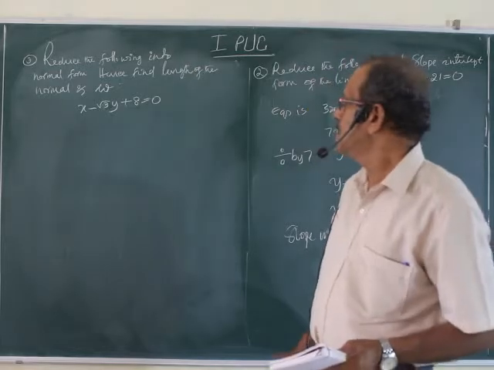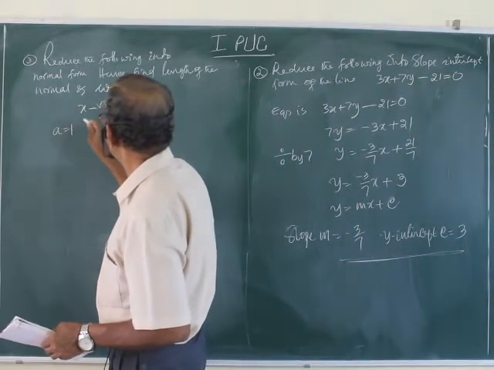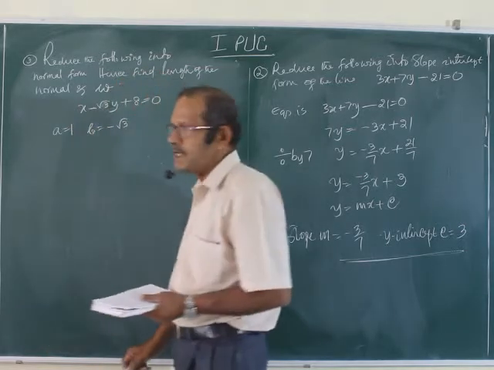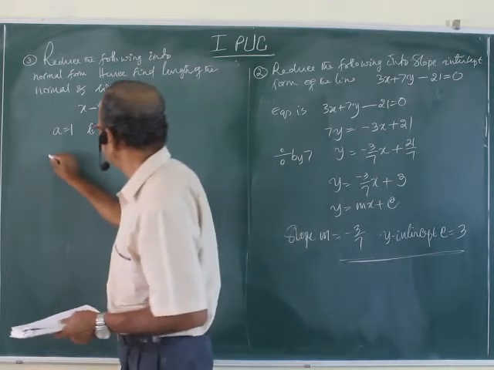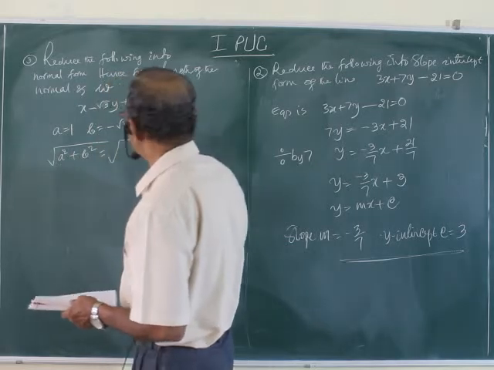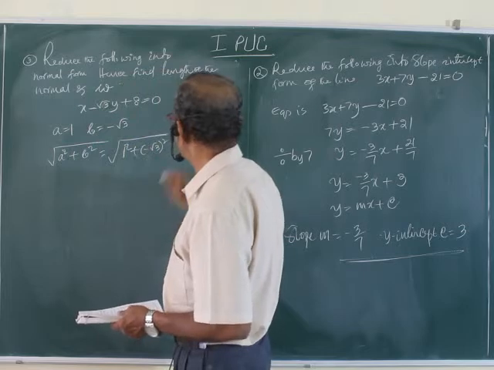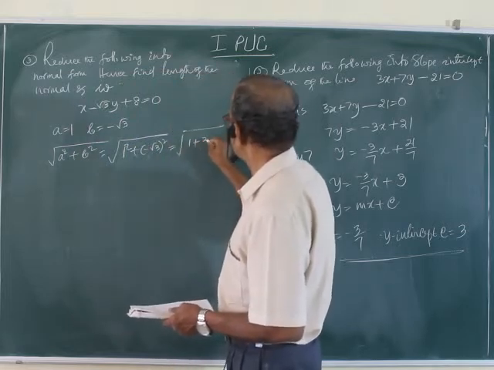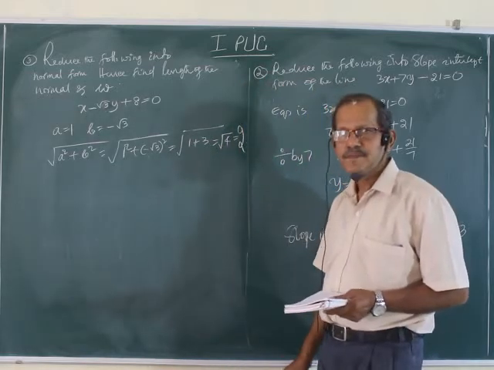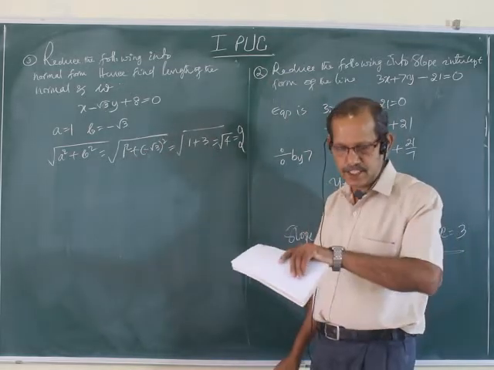Yes? What you have to do is, A here is 1. B is minus root 3. Calculate this one first. Root of 1 square plus minus root 3 square, which is root of 1 plus 3, root of 4, it is 2. Root 3 square is 3. Remember, even though it is minus, square is plus.